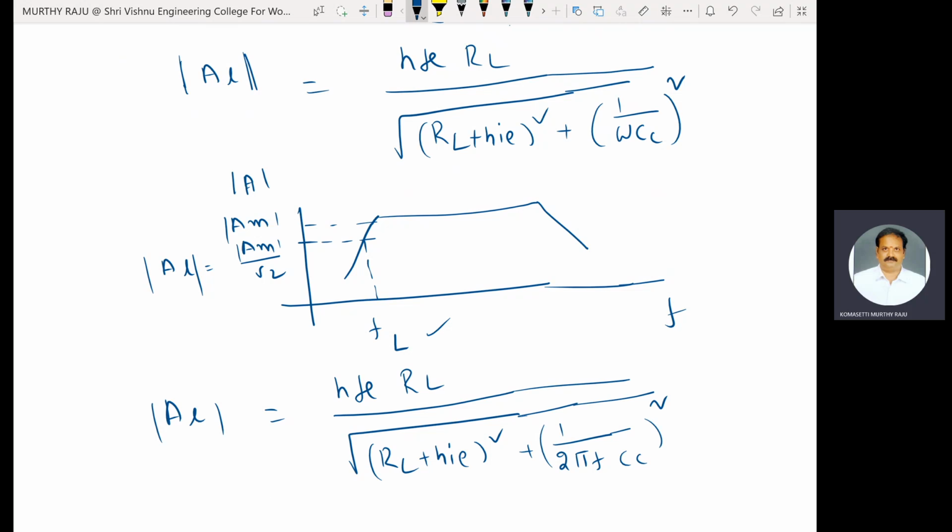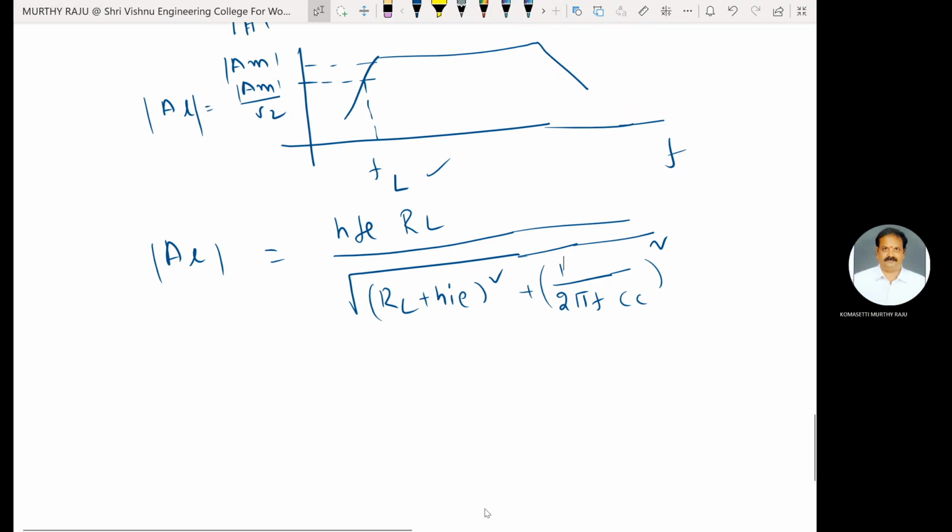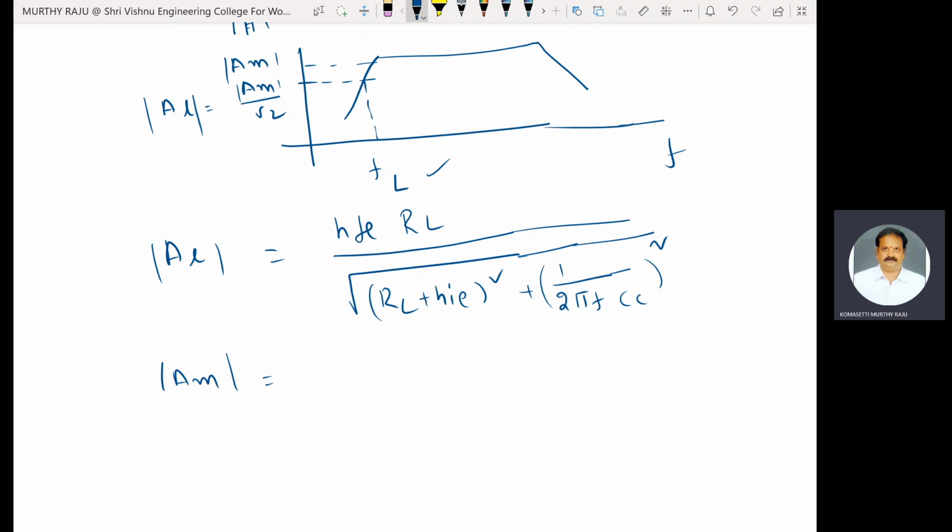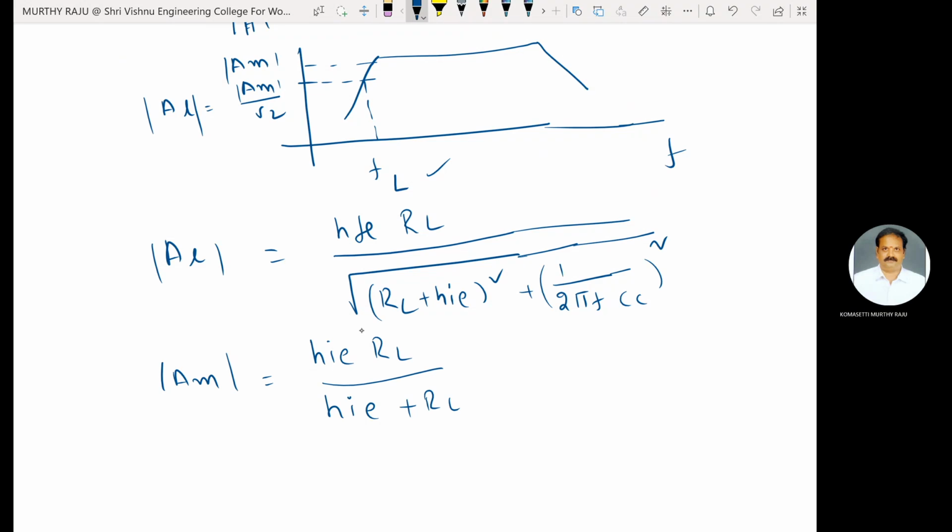We know that mod AM is equal to HFE RL by HIE plus RL.